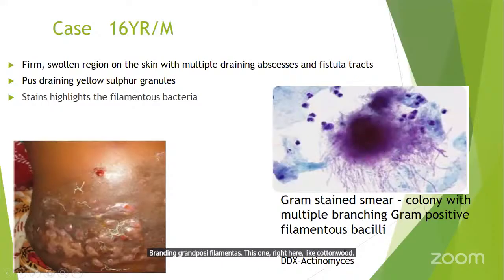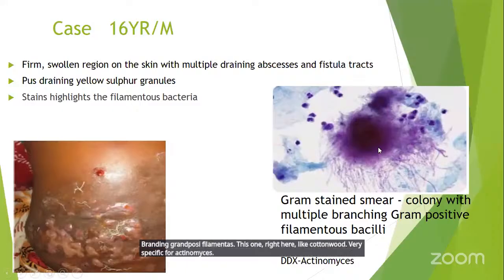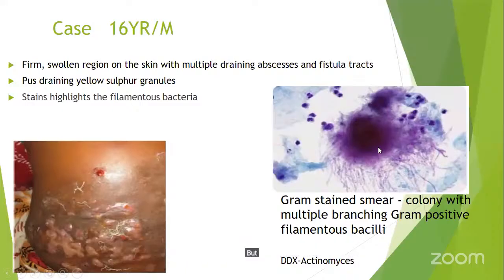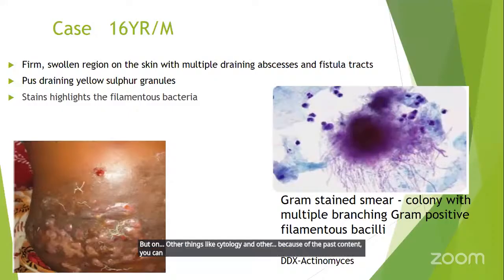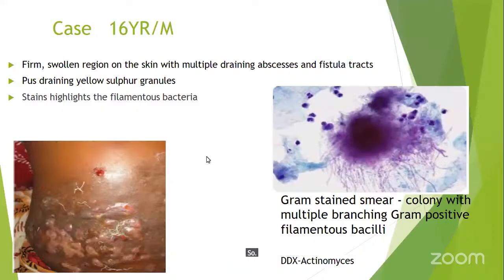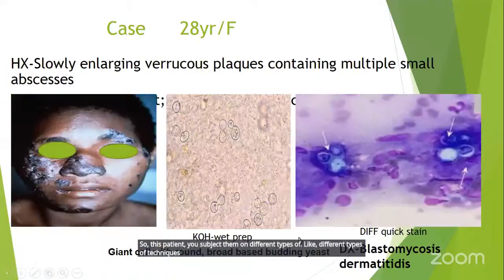Very specific for actinomyces. But on other things like cytology and others, because of the pus content, you can see something better. So this patient, you subject them to different types of techniques and you find what is killing them.